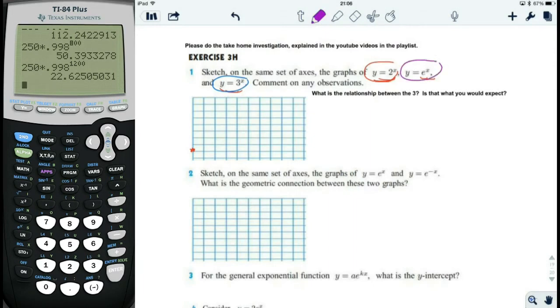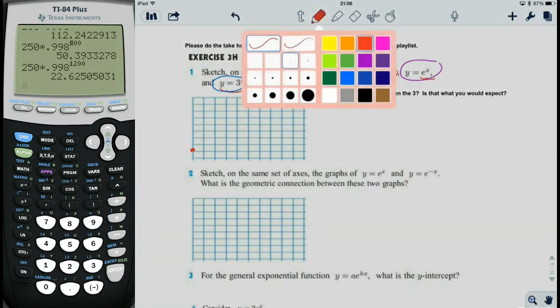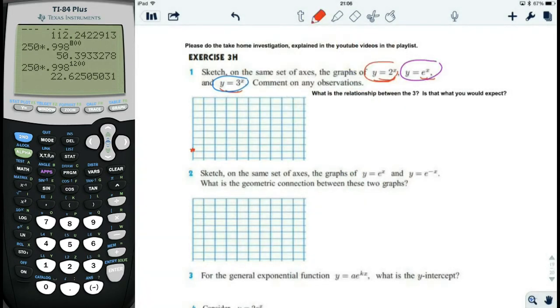So we'll use red for this one, blue for this one, and purple for this one. Okay, so let's graph some points for 2 to the x. The first point would be 1, the second point would be 2, the third point would be 4, the fourth point would be 8. Then I'm going to graph the blue one.